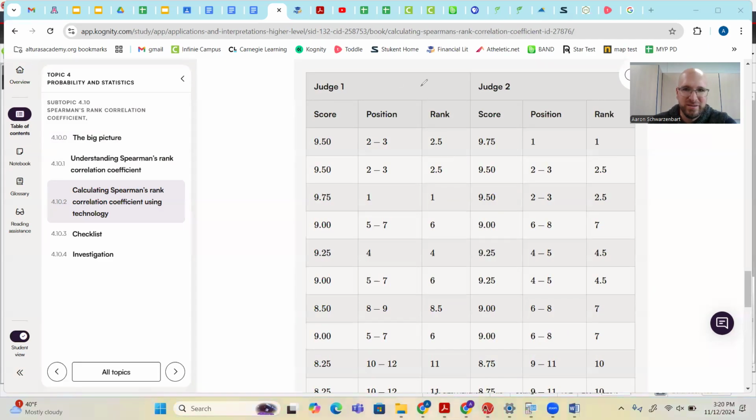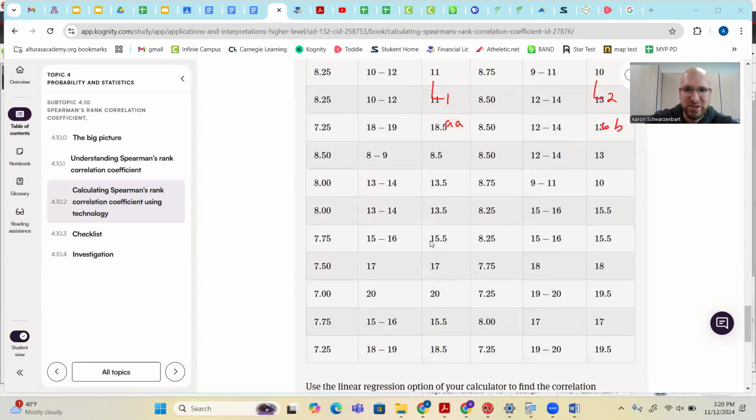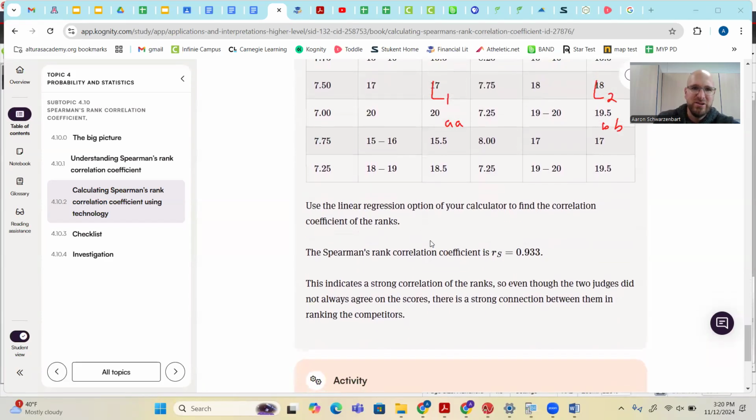If I'm looking at column 1, L1, L2, and doing a correlation, or maybe on the Inspire AA, BB, I'm doing the same correlation that I've always done with the linear regression. I trust that you guys can do that. So here's what it gives me. 0.933. That's pretty solid correlation.